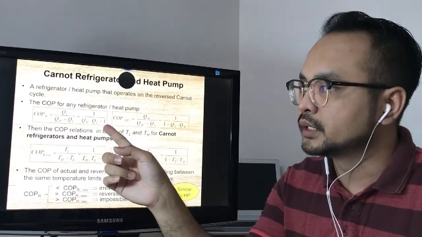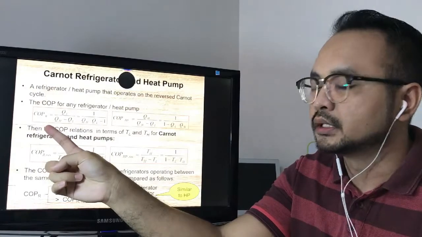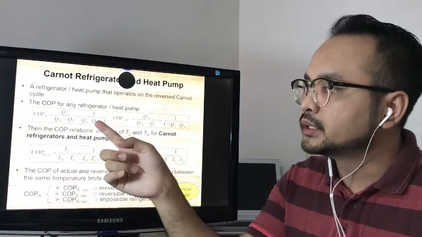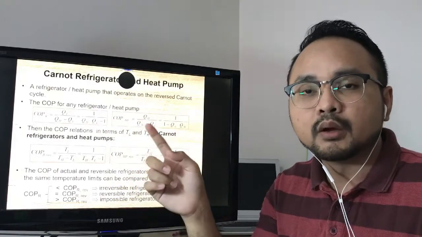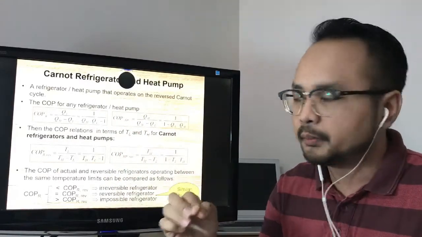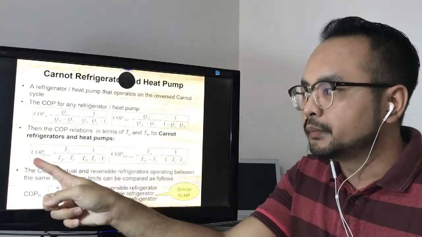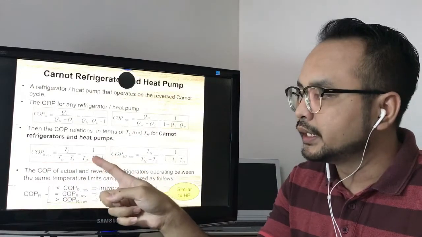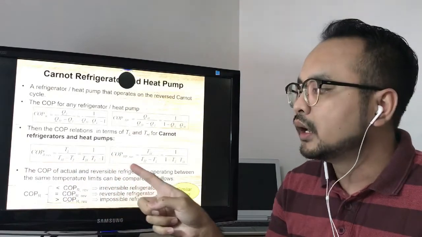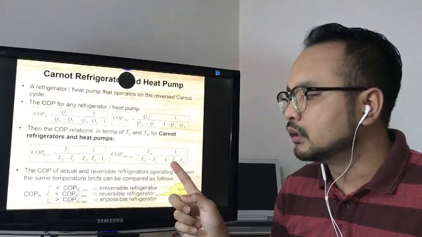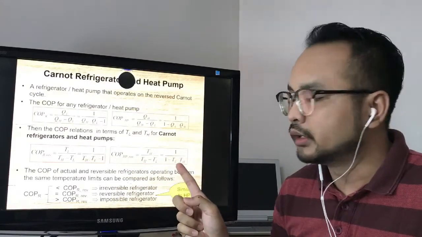Just like this equation, the COP for a refrigerator usually consists of QL and QH. So QH and QL can be replaced with TH and TL. So the equation for COP will become like this. The COP of a reversible refrigerator will become 1 over TH over TL minus 1. And for a reversible heat pump, the COP will become 1 over 1 minus TL over TH.